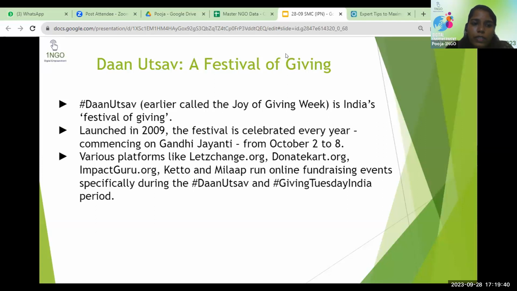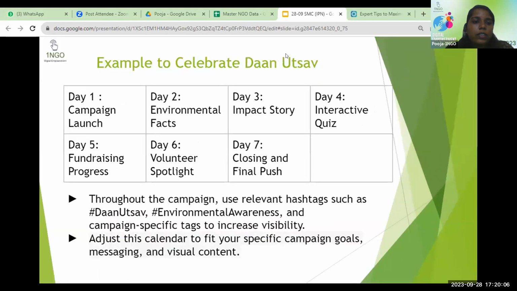It is celebrated every year from October 2nd to 8th, and various platforms like Let's Change, Donate Card, Ketto, and Milap hold fundraising campaigns using the hashtags Dan Utsav and Give Tuesday India. So what you can do in this period is, I have given you an example of how to celebrate Dan Utsav.